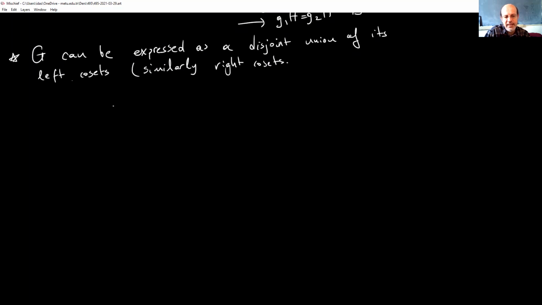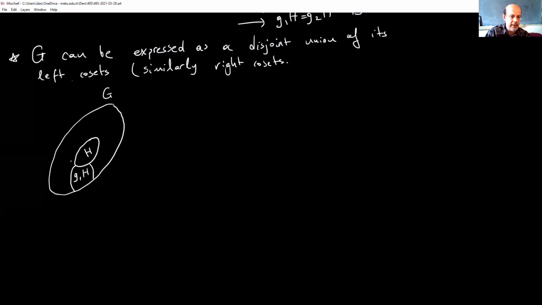Okay, what I'm saying is this: suppose we have a group in here, group G, right? This is the group. H is a subgroup inside. And so basically I can then find other subgroups of the group which are basically left cosets. So there's some subset in here, G1H, for example.